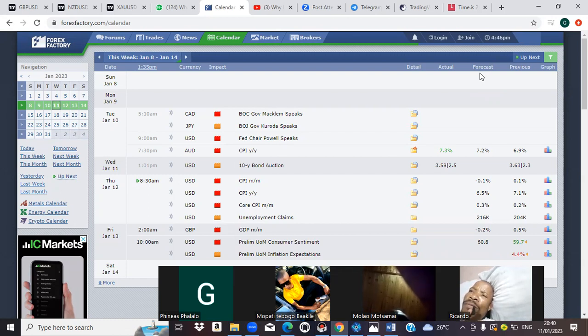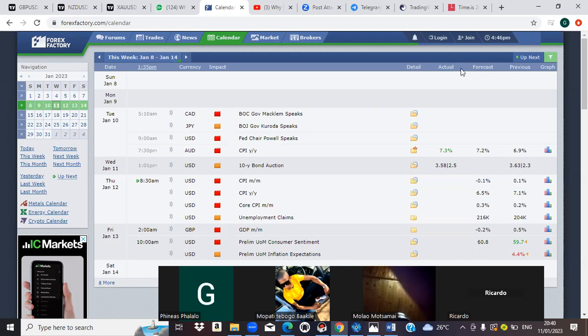If USD is going down, it means USD/CAD is going down. If the actual price is more than the forecast, gold is selling. If the actual price is less than the forecast, you sell gold.